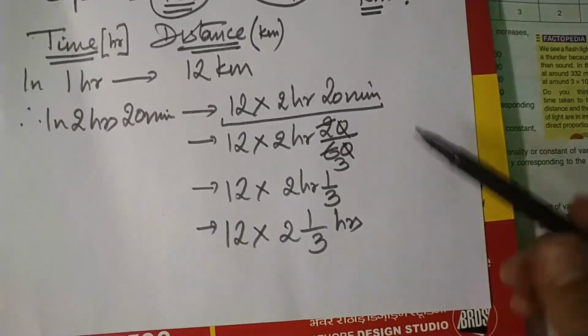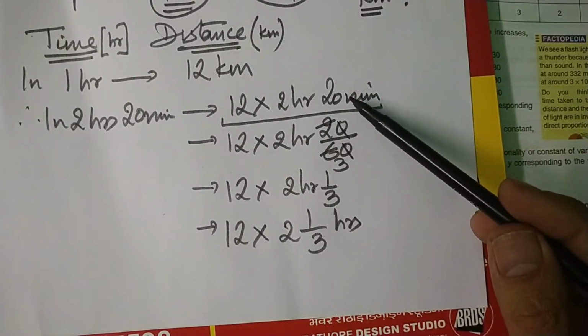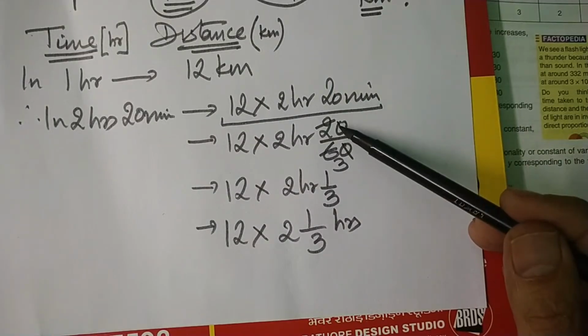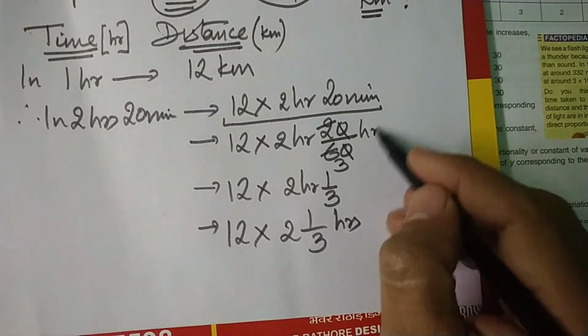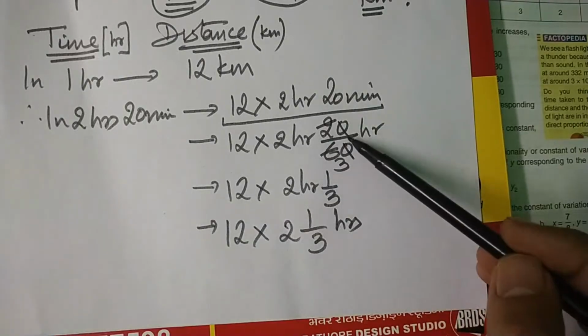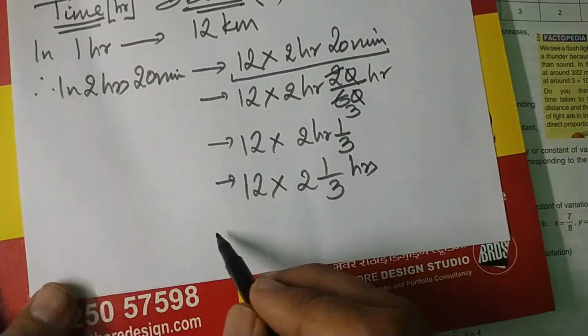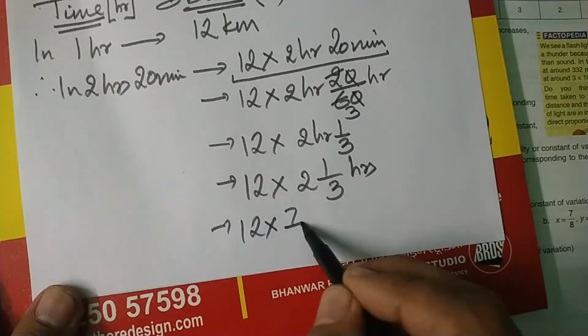See, this is important. I have to convert minute into hour. So when I convert minute into hour, I have to divide minute by 60. So 20 minute divided by 60 will convert it into hours. So now this whole thing will become hours. So 2 hours plus 1 upon 3 means 2 1 upon 3 hours, which means my number becomes 12 into 7 upon 3.